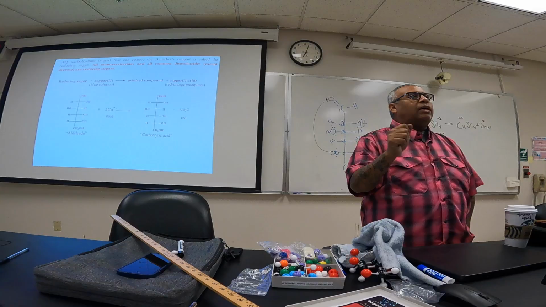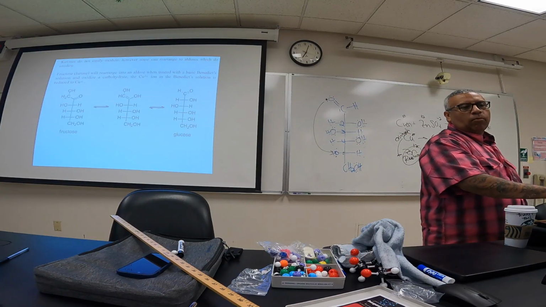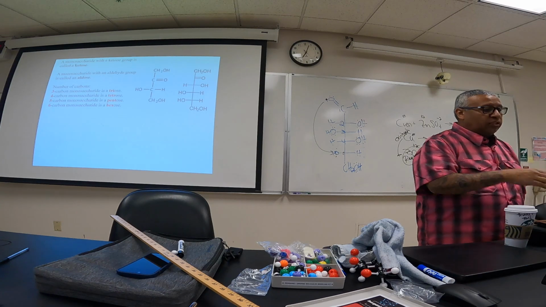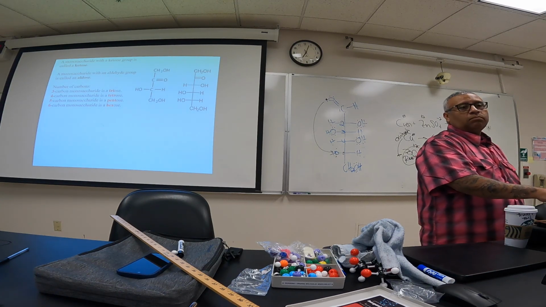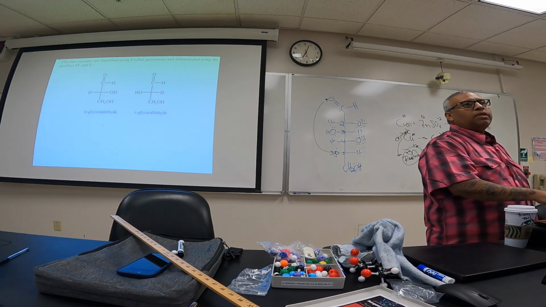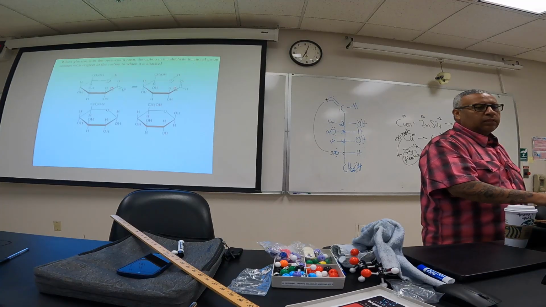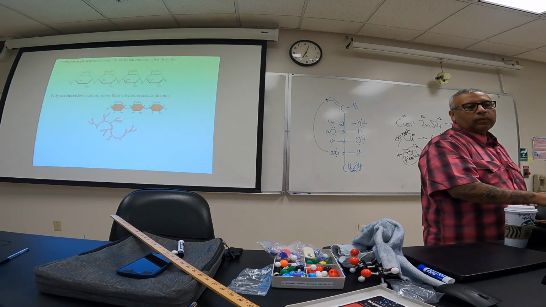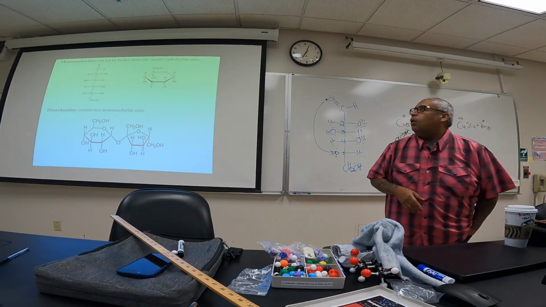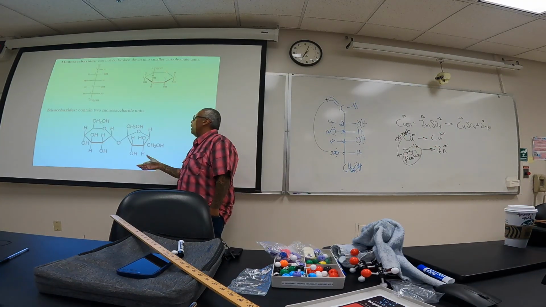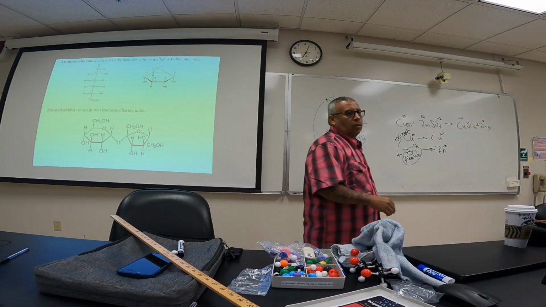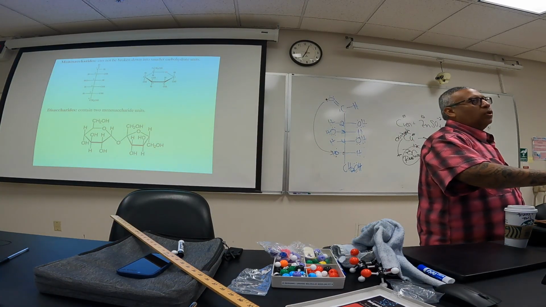So again, all monosaccharides, it doesn't matter which monosaccharide. We can go back up to the beginning and look at all of these. These are monosaccharides, these can be oxidized. All monosaccharides and all common disaccharides can be reduced, except sucrose.